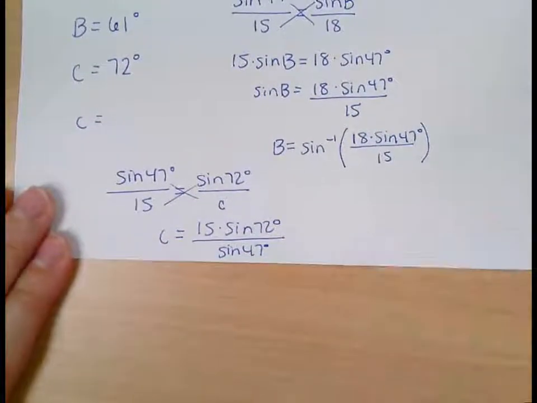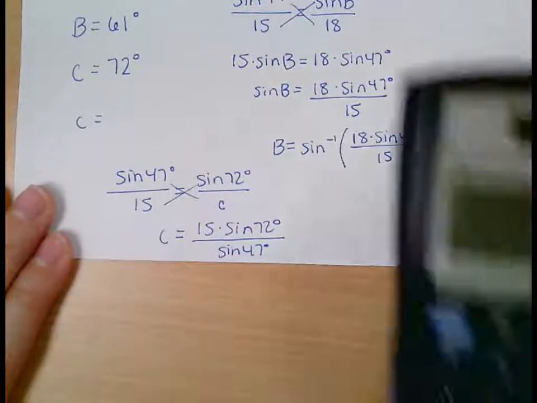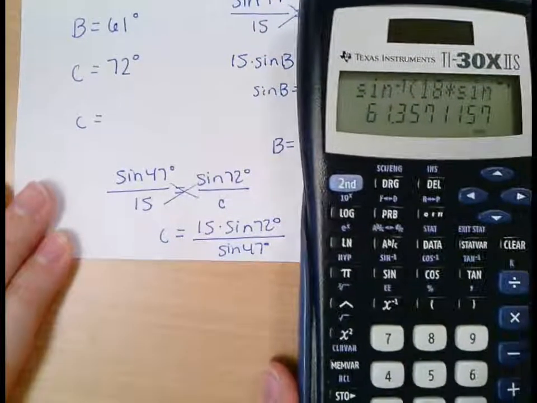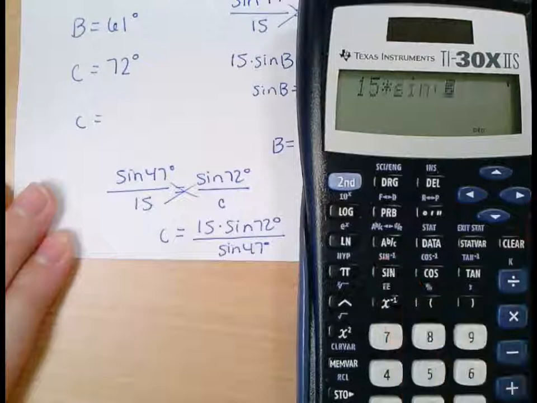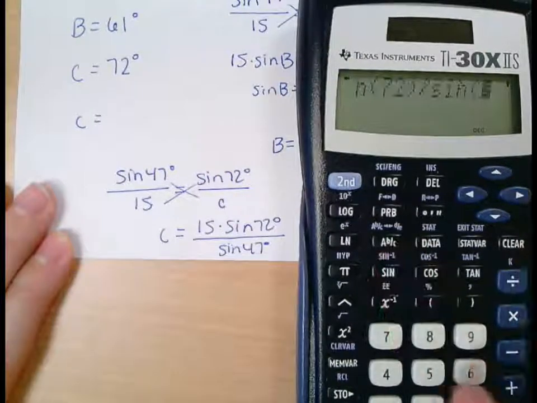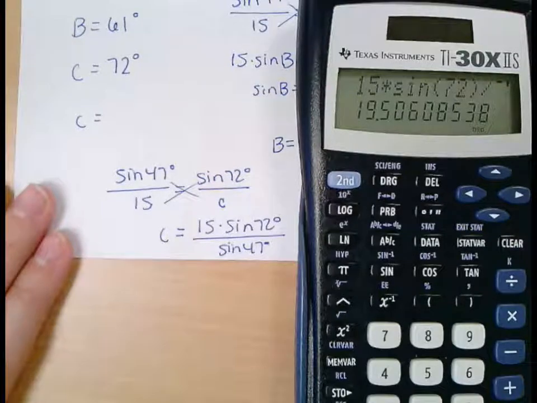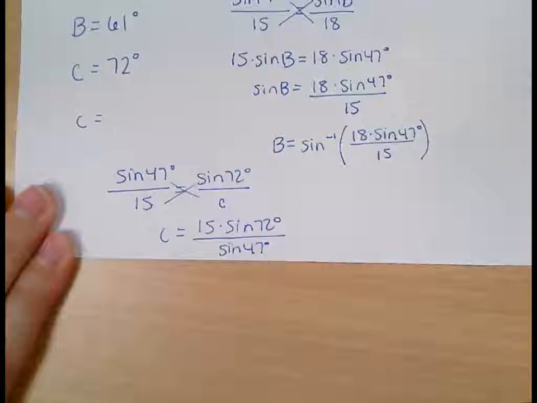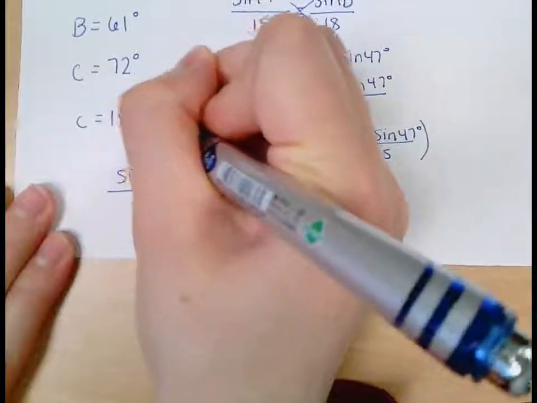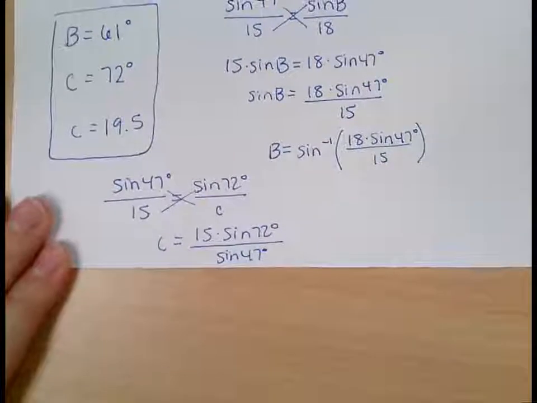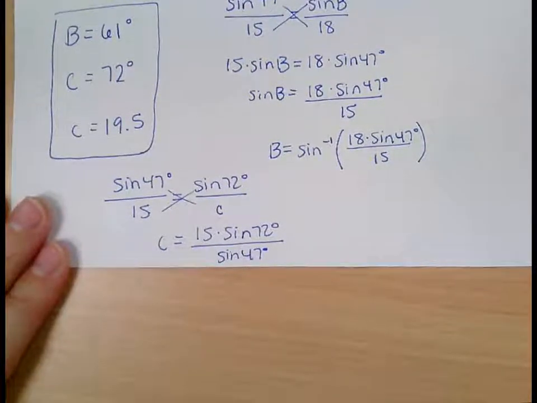So just saving some time here, not writing out each individual step, but then if we calculate that, side C to the nearest tenth would be about 19.5. So that would be one possible triangle created with those two sides and that angle.